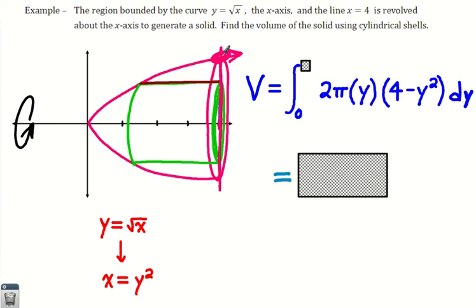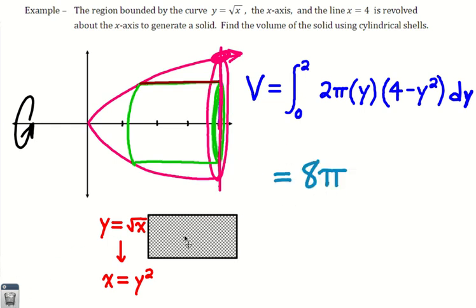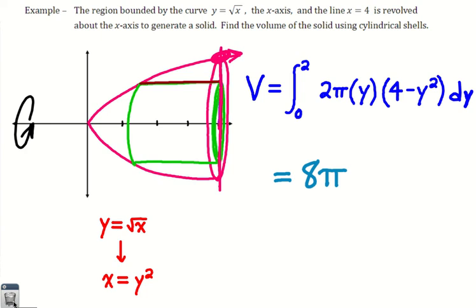Here you would just plug in x equals 4 into this x and get 2. So we're integrating from 0 to 2 of all that, and your graphing calculator should say ultimately it's going to be exactly 8 pi.